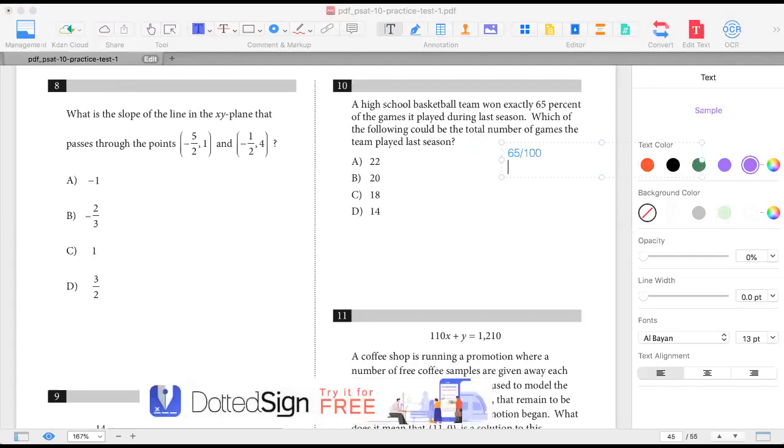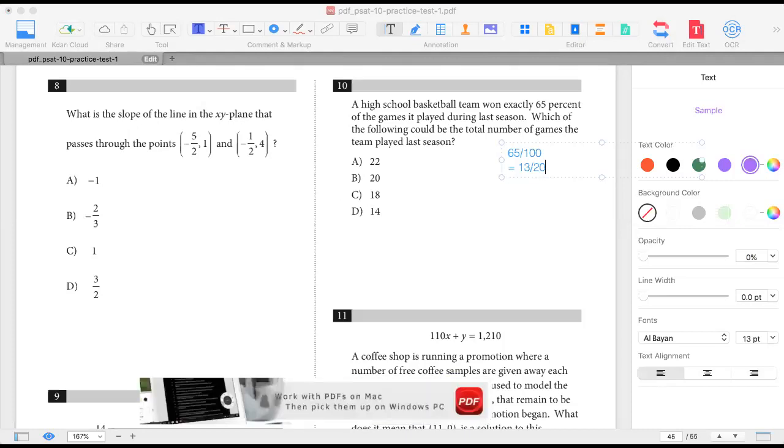If I want to simplify it, I divide by 5 in the numerator and 5 in the denominator, and it will give me 13 over 20. So 65% is equivalent to 13 over 20.